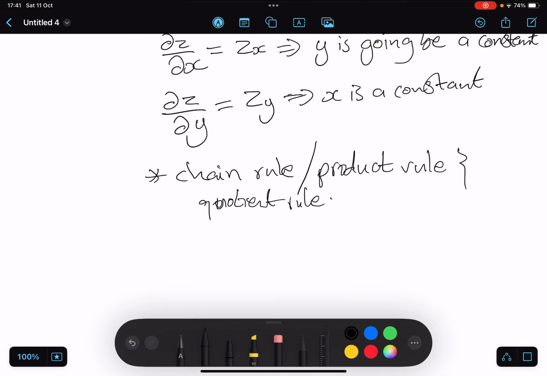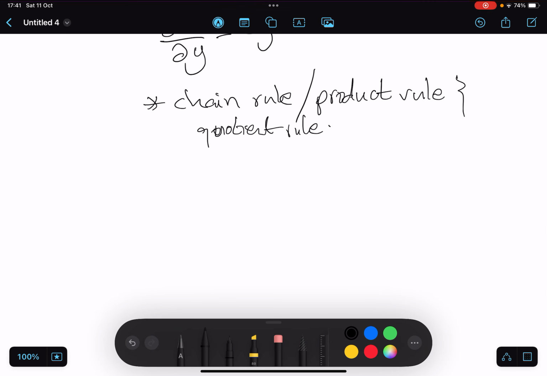So all of these rules still apply. Our main focus is to apply these when you're solving questions.